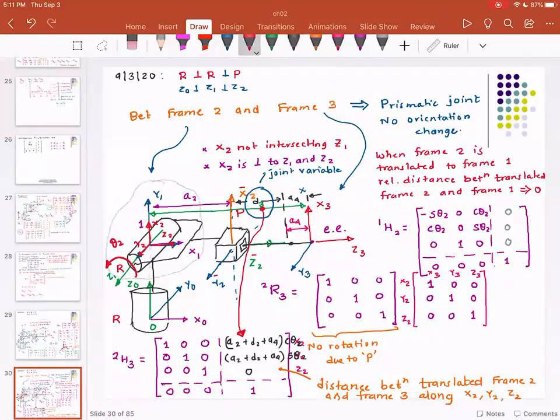So note that there is a cosine theta 2 and a sine theta 2.